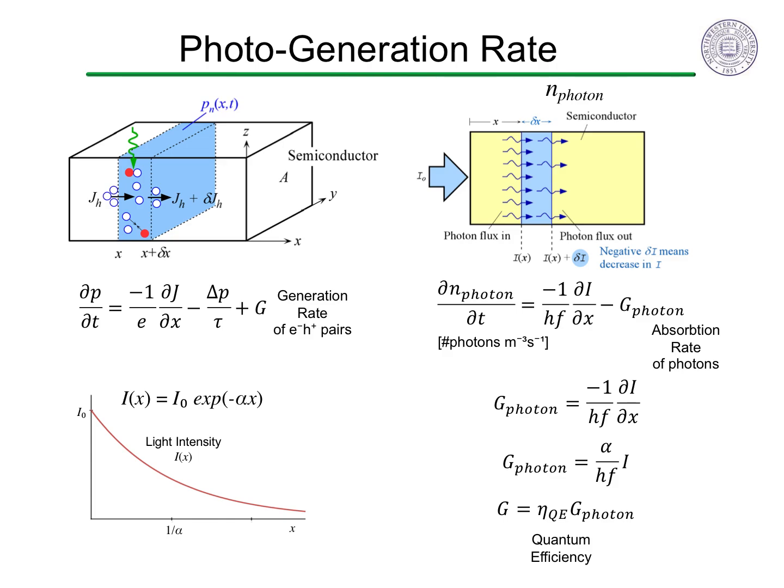Thus, we have shown the generation rate of electron-hole pairs is indeed proportional to the light intensity, but also proportional to the light absorption coefficient, alpha.